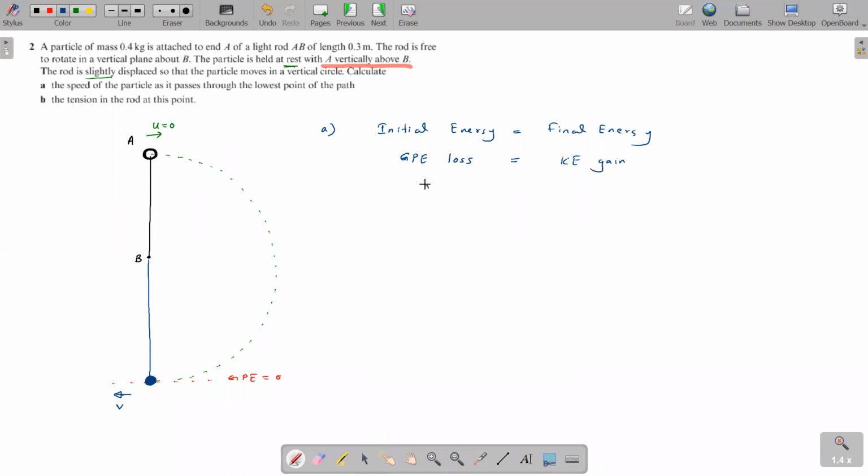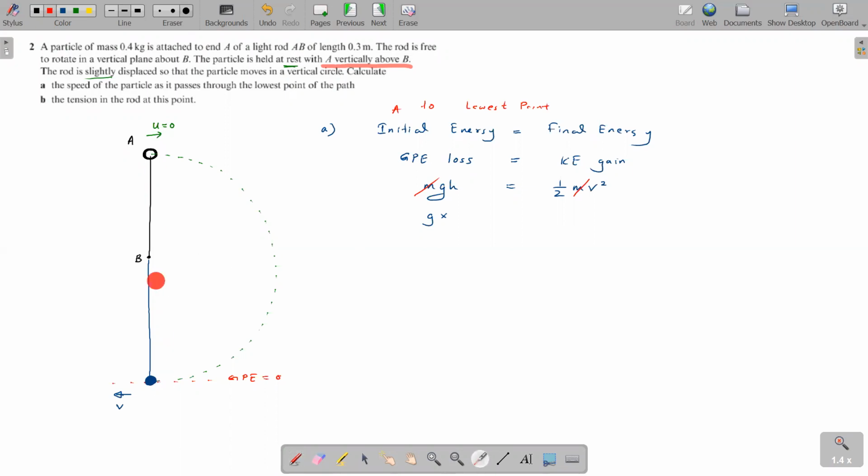Okay, so GPE is mgh. Kinetic energy is half mv squared. So directly the m can be removed. Let's input the value for the height. I told you the height should be the vertical height. We are using the conservation of energy principle from point A, the highest, to the lowest point.